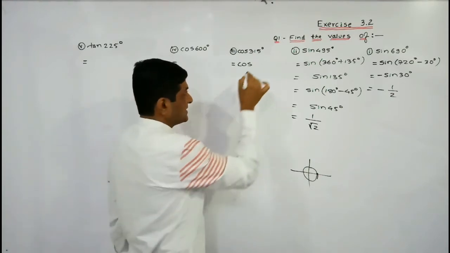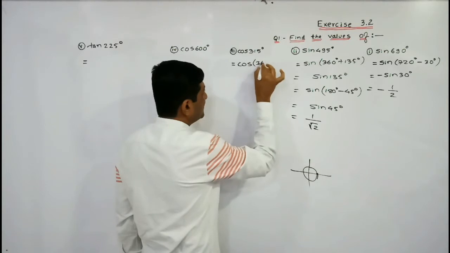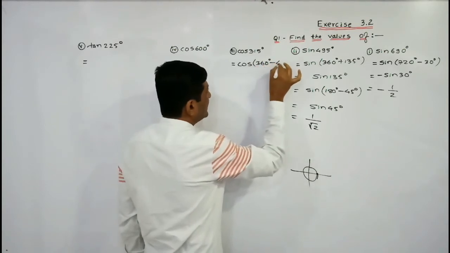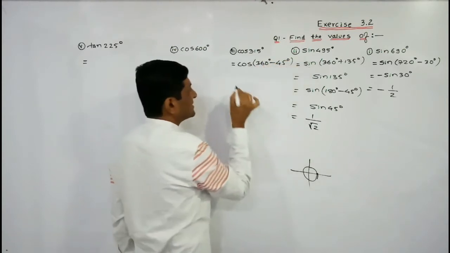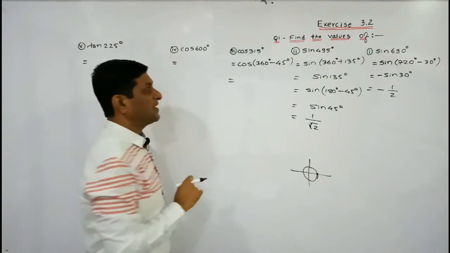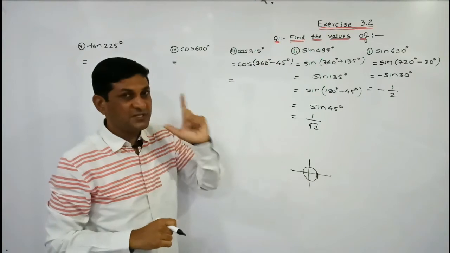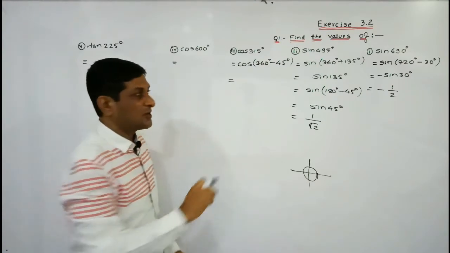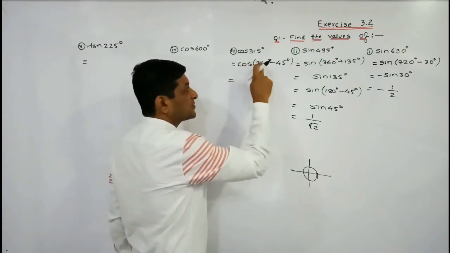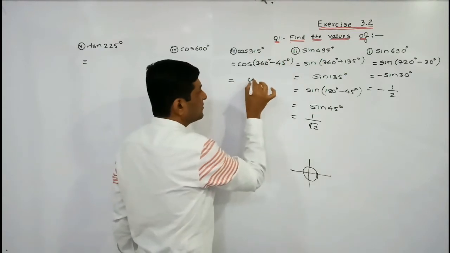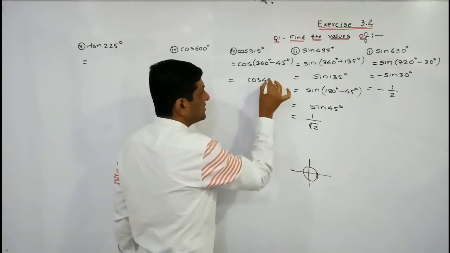We have two choices. So here it can be written as 360 minus 45 degrees, isn't it? Now here we can observe that cos 360 means 2 pi, and if the first term is 2 pi, the trigonometric function does not change. What result are we getting? Cos of 2 pi minus theta equals cos theta. Theta is what here? 45.